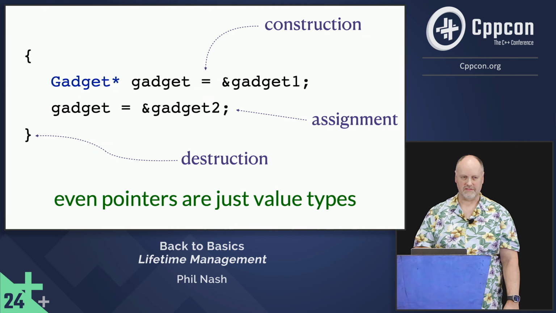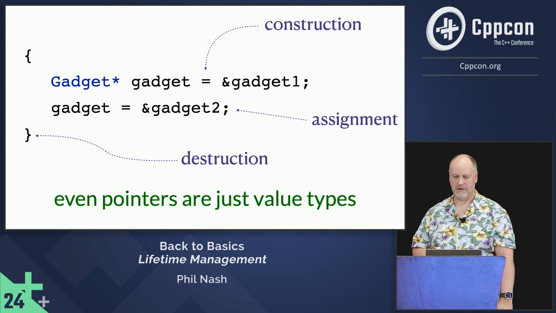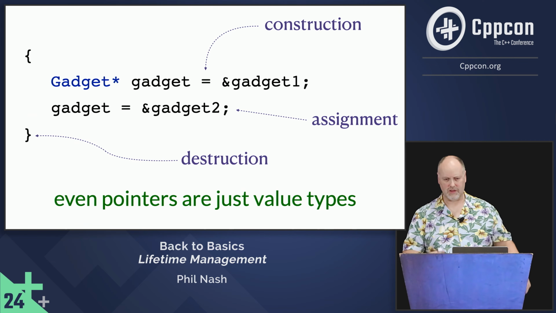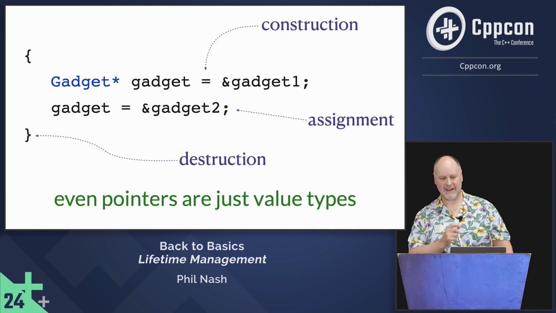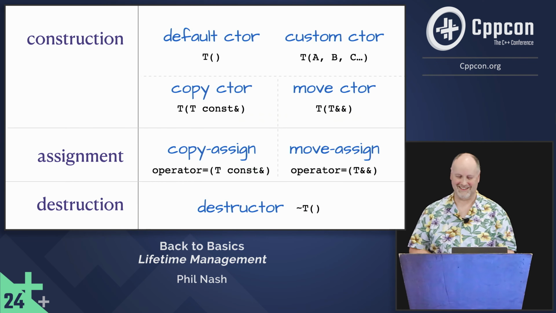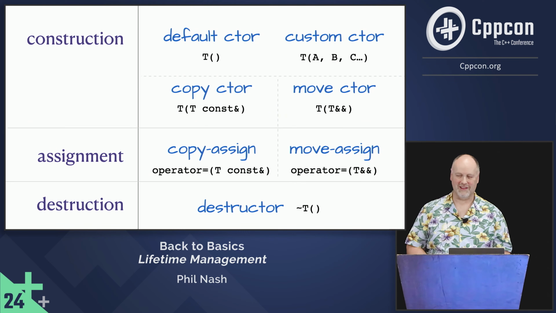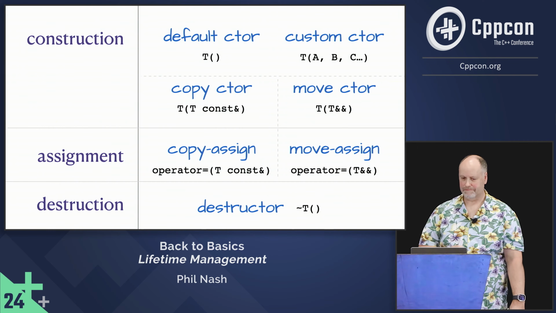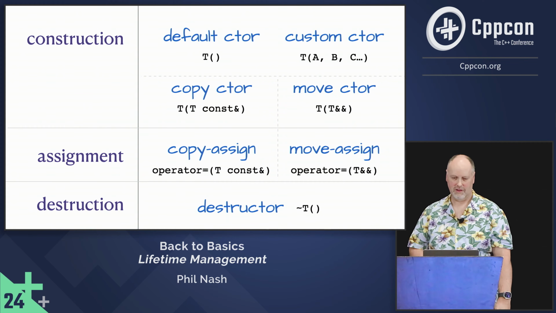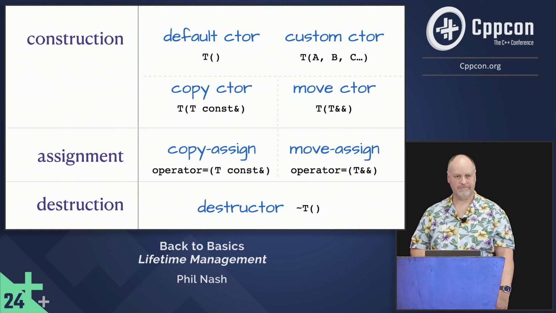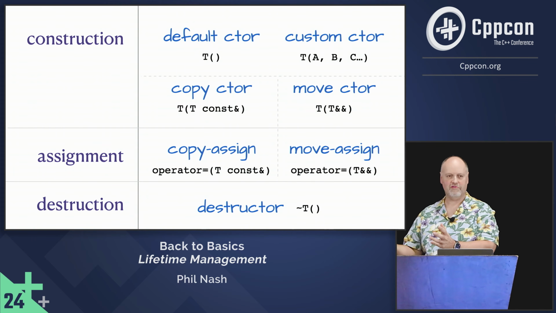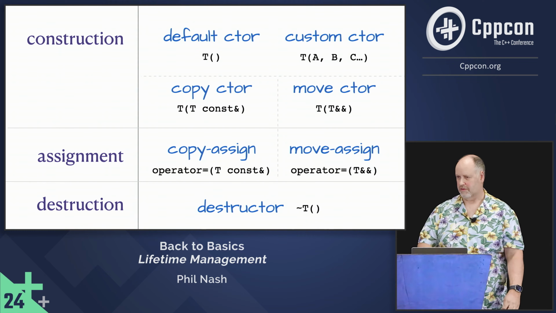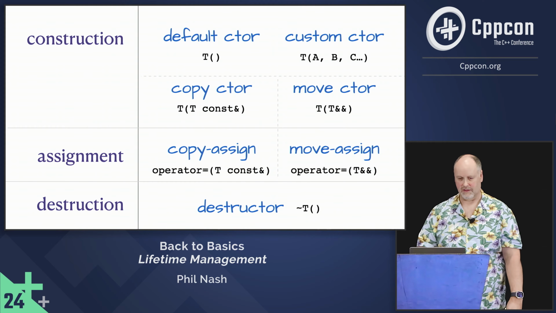So, okay, the 3 phases: construction, assignment, destruction. Now, that's fairly easy to hold in your head. It gets a little bit more messy from here. There's 8 different ways that we can deal with these. They break down a little bit. So construction, well, we've got the default constructor, easy to understand. Custom constructor is just when you're passing arguments in that you want to use to initialize member variables, that sort of thing.